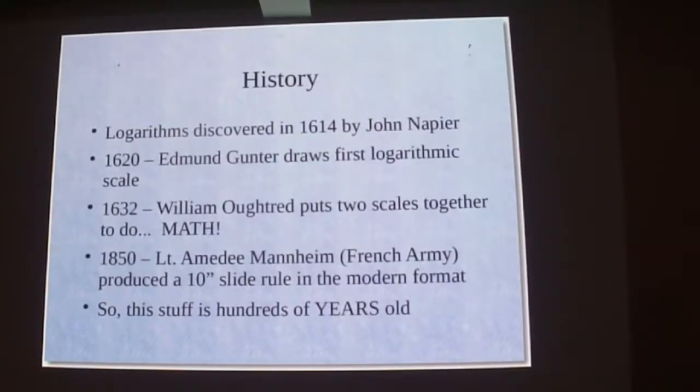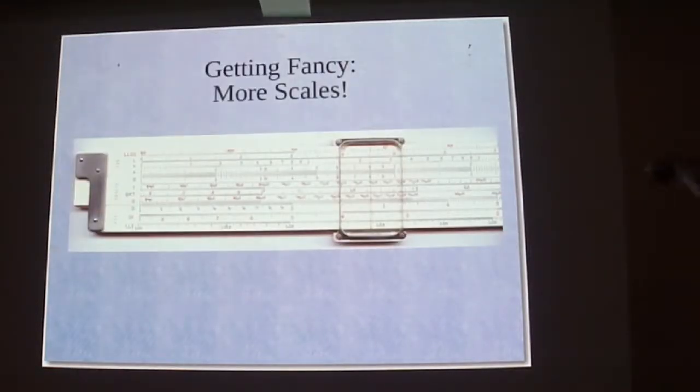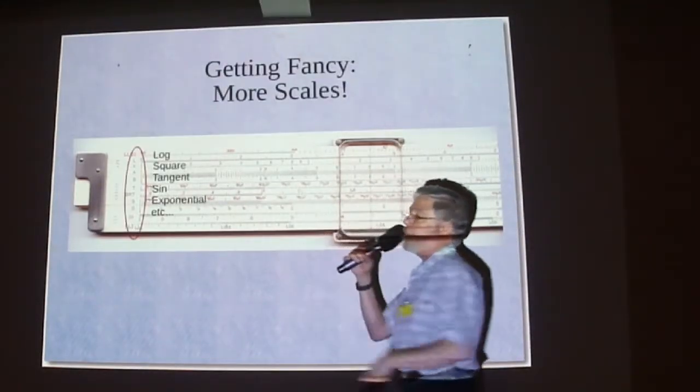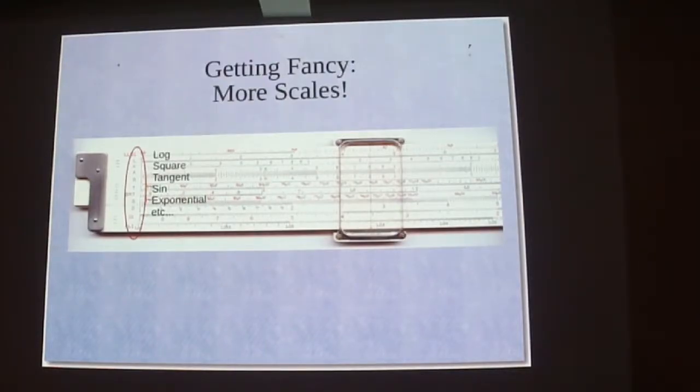Then, 220 years later, a lieutenant in the French Army created the configuration that we now know as a slide rule, around 1850. A lot has happened since then, with more scales added: log, square, tangent, all these fancy things. That adds more to the rocket science aspect of slide rules.